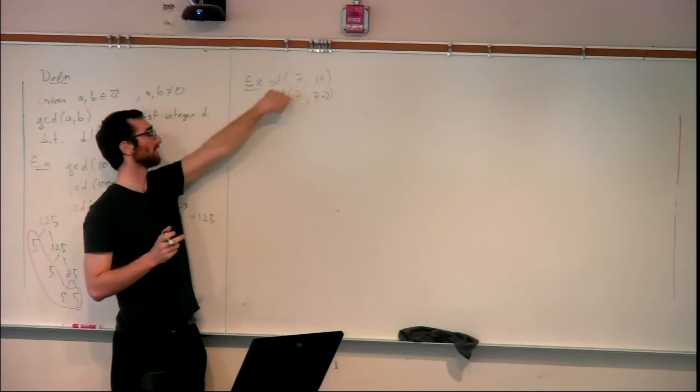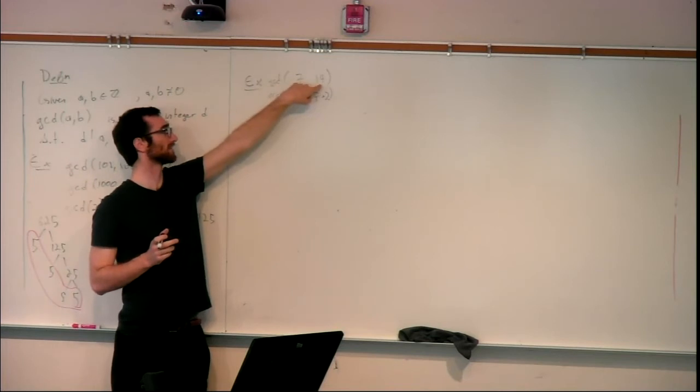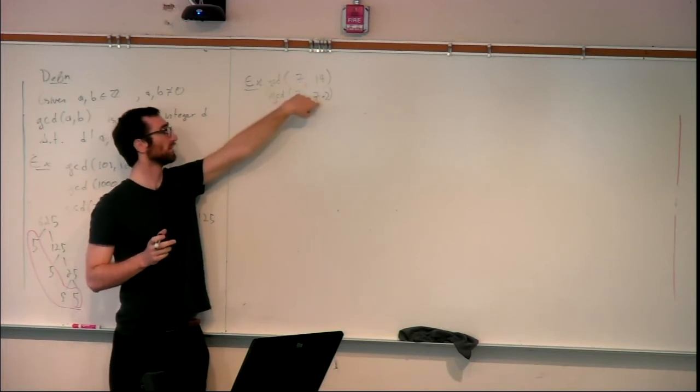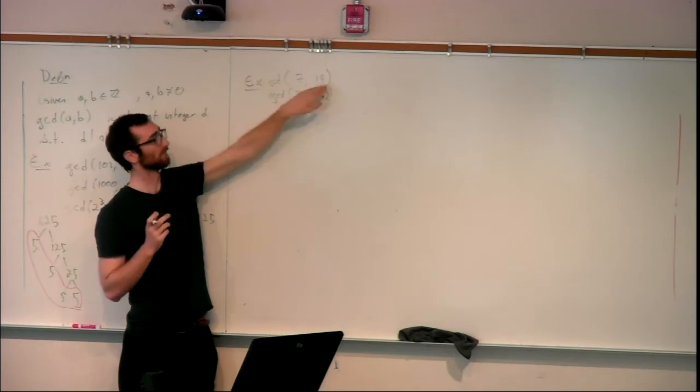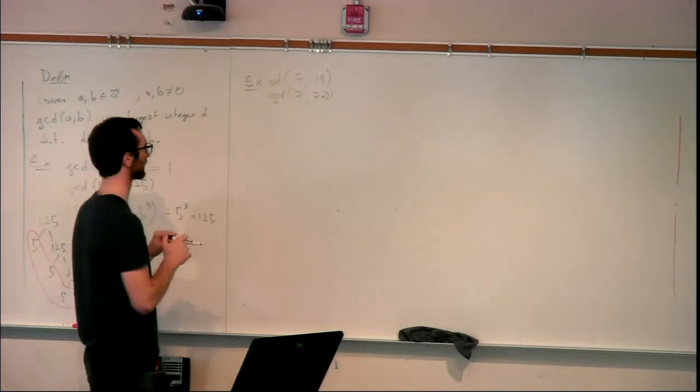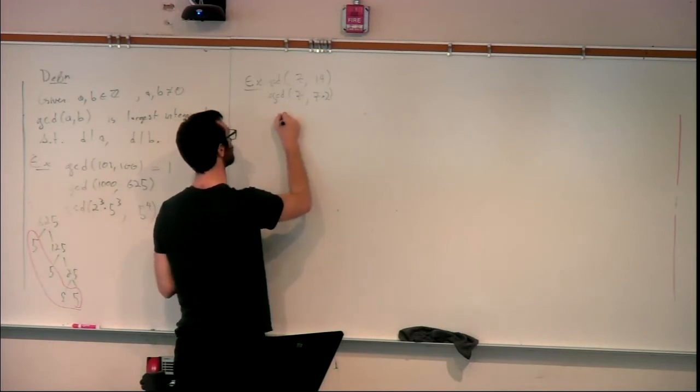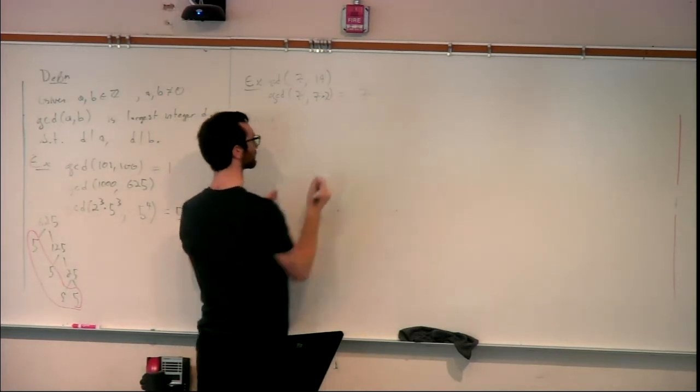So for instance, since 7 divides 14, there's a 7 to the 1 in 14. Maybe I should do a more interesting example. So in any case, this is 7.